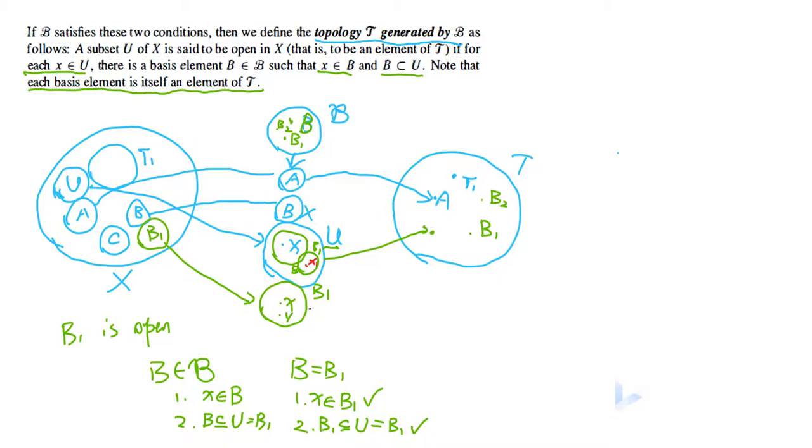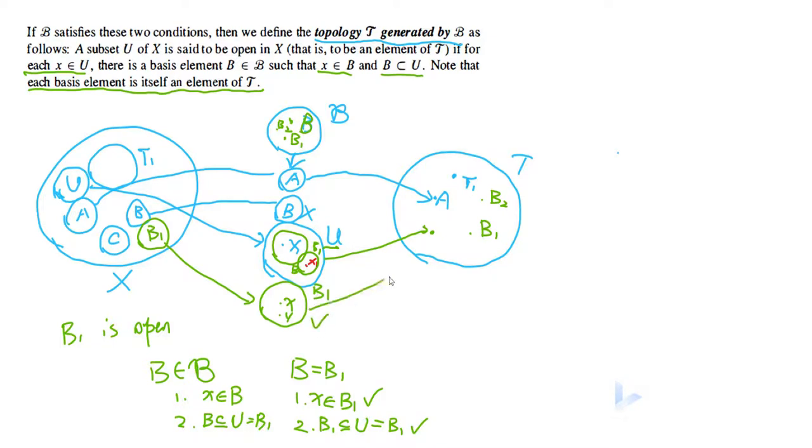And then, because all the points can have this B1 as the basis element to satisfy these two properties, the set B1 is open.